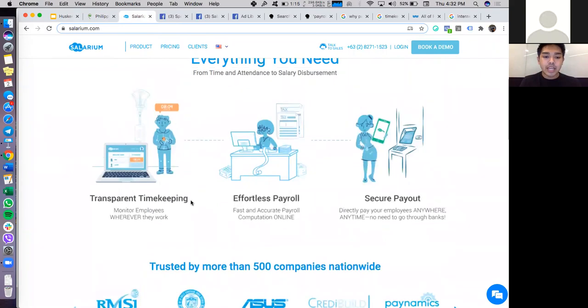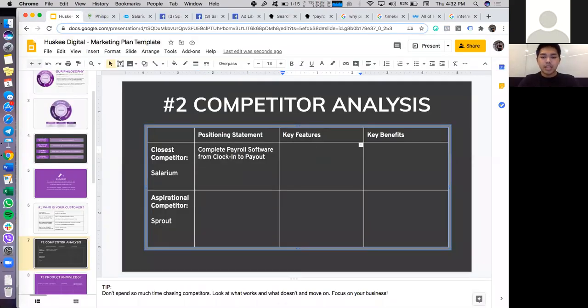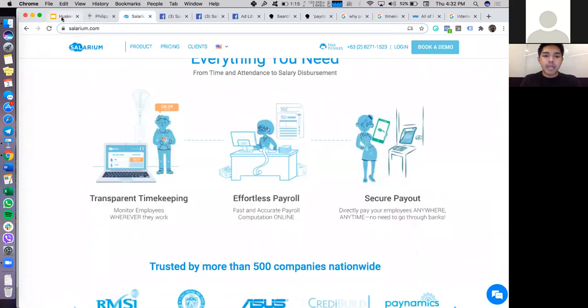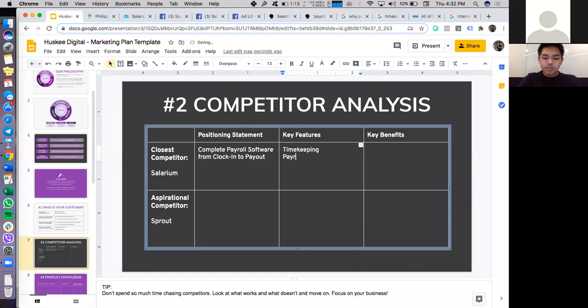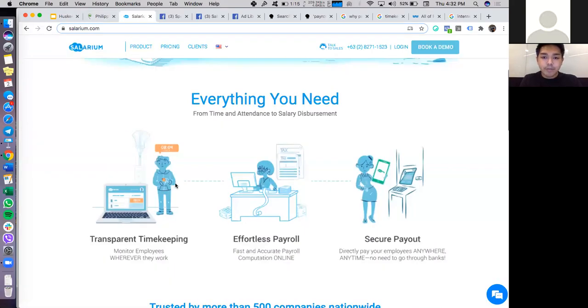They have transparent timekeeping, effortless payroll, and secure payout. So they're also featuring the things that I'm offering. Those are the features that they have on their platform.